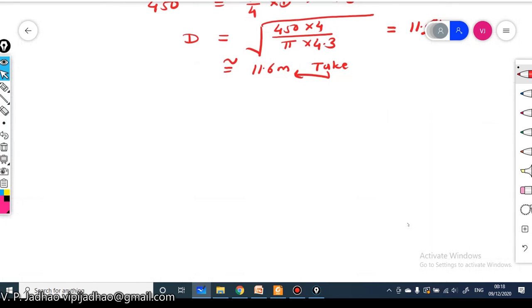Now some values we can get from the IS code. First, we have to get sigma CBC.